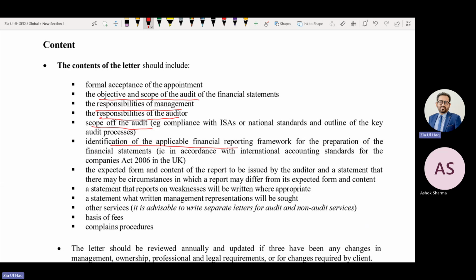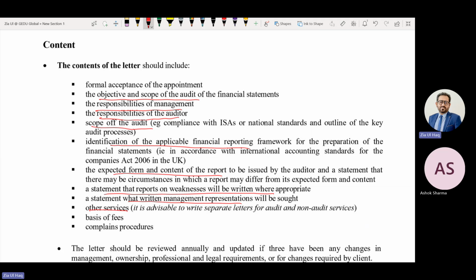What will be the accounting standards that management needs to apply? What will be the expected form and content of the audit report that we will issue? Under what circumstances will we issue qualified, adverse, or disclaimer opinions? A statement that during audit we will communicate weaknesses through a letter of weaknesses. During audit, if we require any representation, management will provide it.